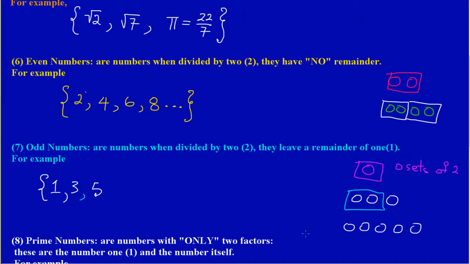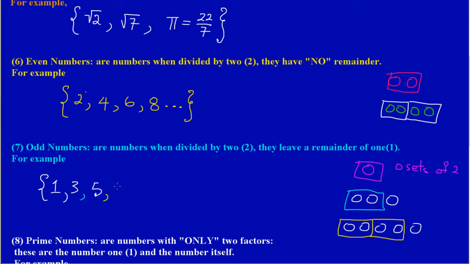Now let's check if, when we divide 5 into groups of 2s, we have a remainder of 1 left over. Here I have 1 set of 2s, here I have another set of 2s, and I cannot get another set of 2, so I have a remainder of 1 left over. So 2 sets of 2s, but I have a remainder of 1, therefore 5 is an odd number, because when divided by 2, it leaves a remainder of 1.